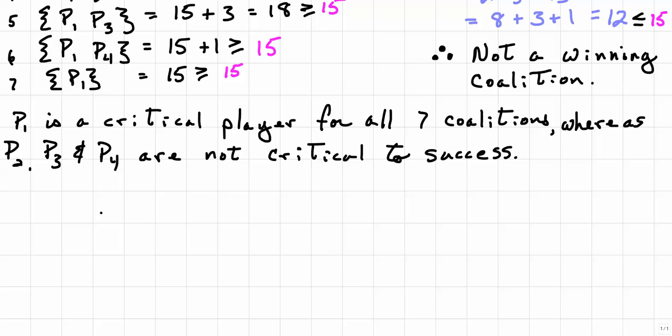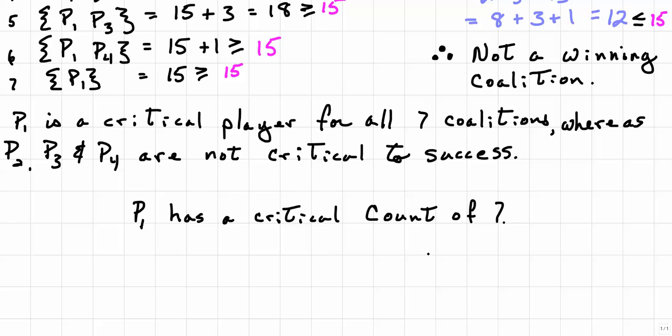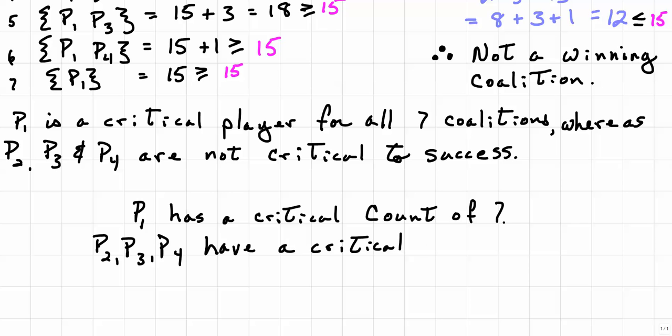What this means is there are 7 possible winning coalitions, and since there are 7 coalitions and P sub 1 is critical to all 7 of them in order to achieve success, P sub 1 has a critical count of 7. Whereas P sub 2, P sub 3, and P sub 4 have a critical count of 0.